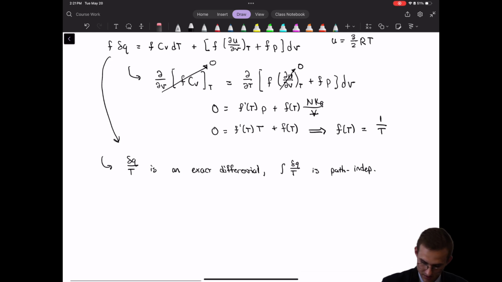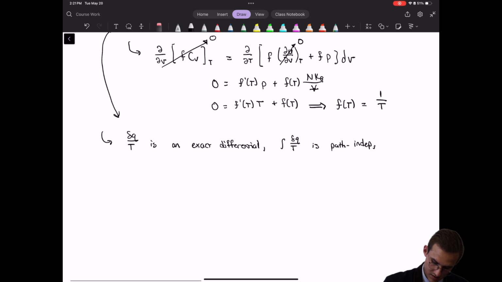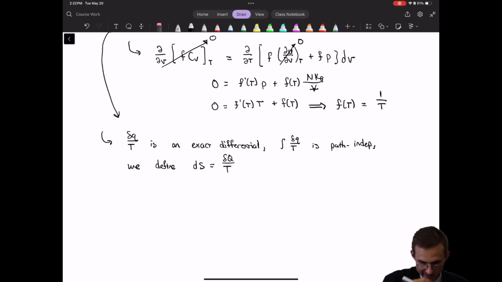And we define dS as delta Q over T, with S being the entropy.